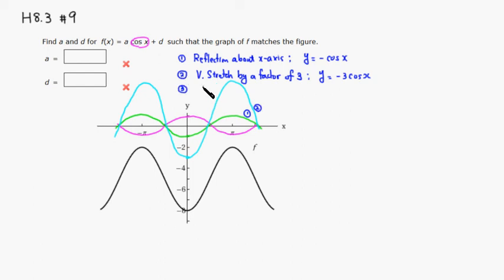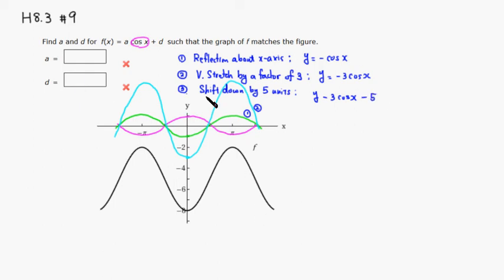It's going to shift down by 5 units, which gives y equals -3 cosine of x minus 5. You just have to subtract 5 to go down by 5 units.